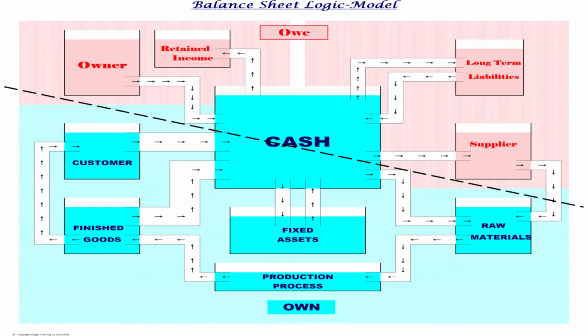Now something that's interesting. That cash reservoir I made very big because sometimes the cash is overdrawn in the bank. So sometimes that bank account falls on the red side and sometimes it falls on the blue side. This is something that happens in most modern businesses. You have a bank account and you can overdraw it.